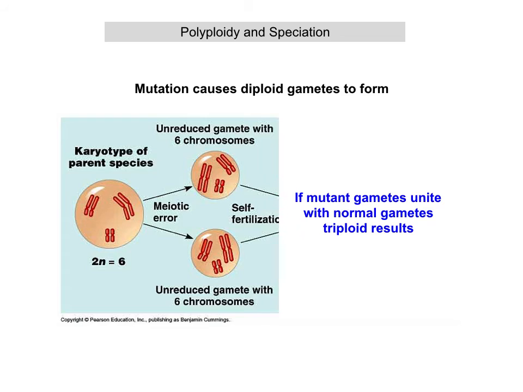When this triploid situation happens, it's very hard to form normal gametes, and that forms a barrier then between the new polyploid lineage and the previous diploid population.